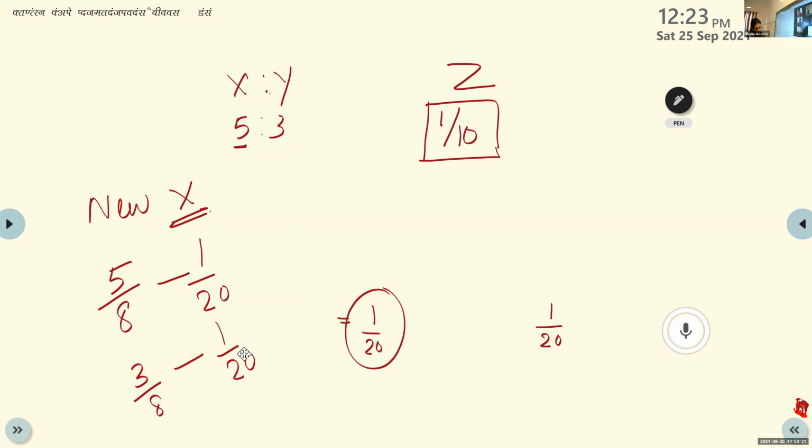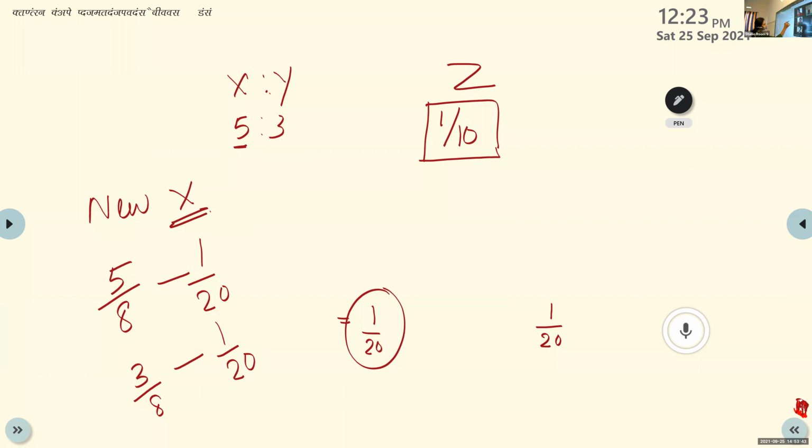What is the LCM you got for the first one? How much is that, Aparna? Ma'am, 160. Oh, you multiplied it. Okay, 8 into 20 you did.